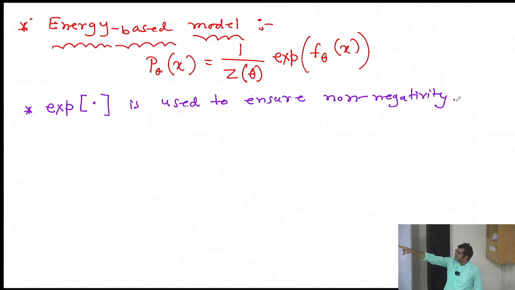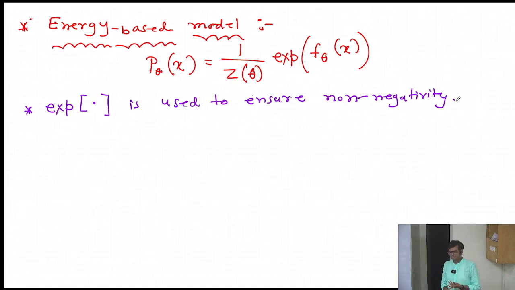And 1 by z theta is more or less that theta, and c of x is 1, or something can come from inside also. But you should be able to write it in that form. We will not be using any properties of exponential family, but this has that flavor.